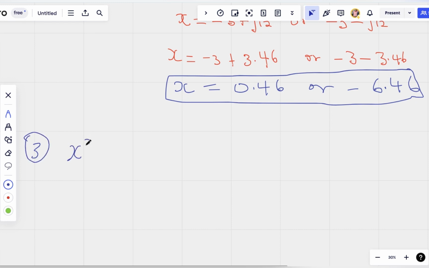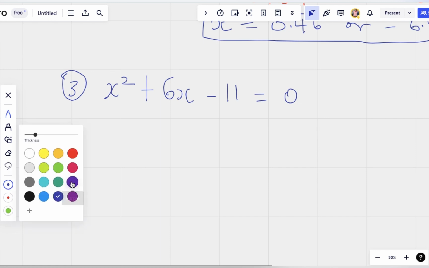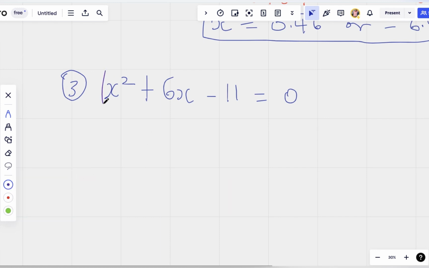x squared plus 6x minus 11. So I will just say equal to 0. Make it an equation straight away once and for all. Now what we should do, like I said, whenever you have this, we normally break this into two segments so that we can add and subtract.